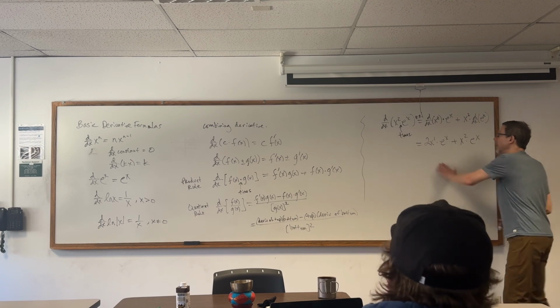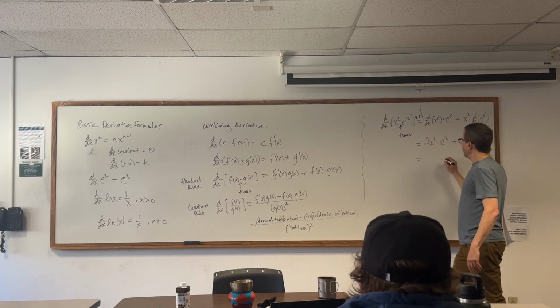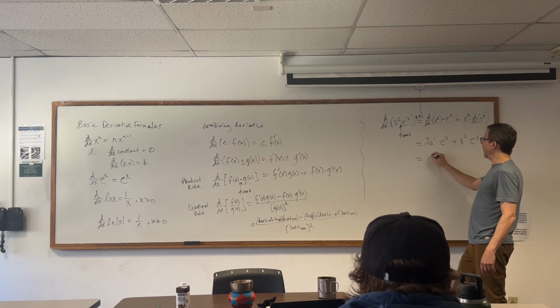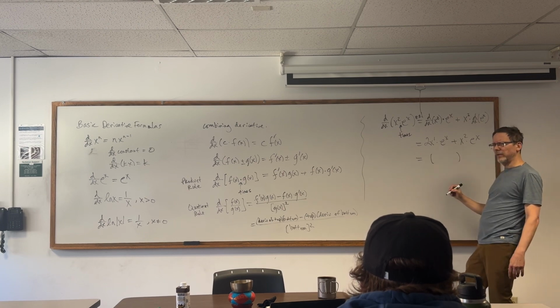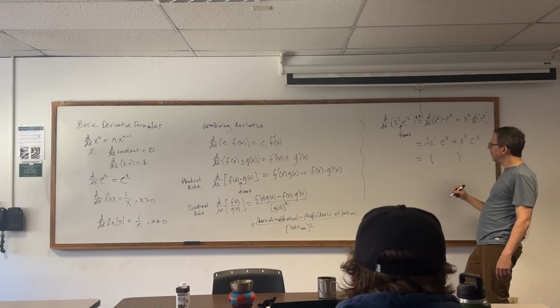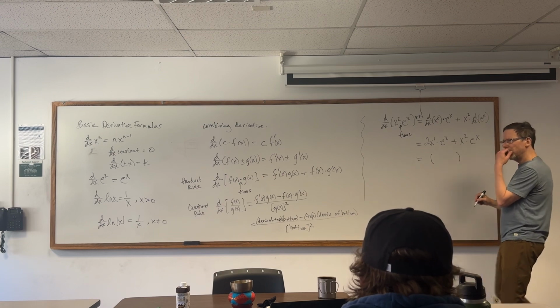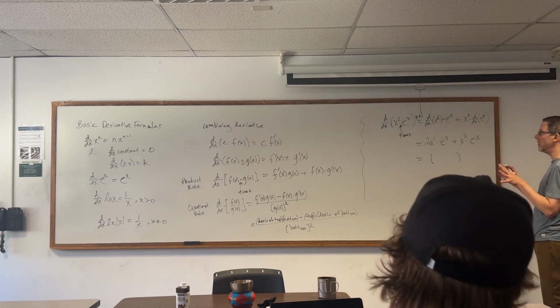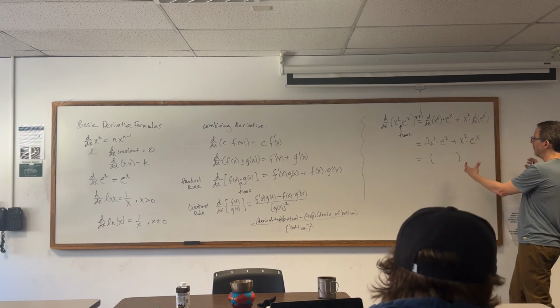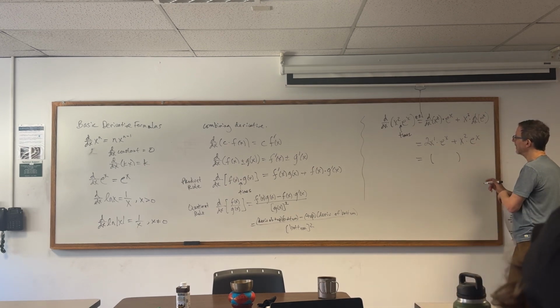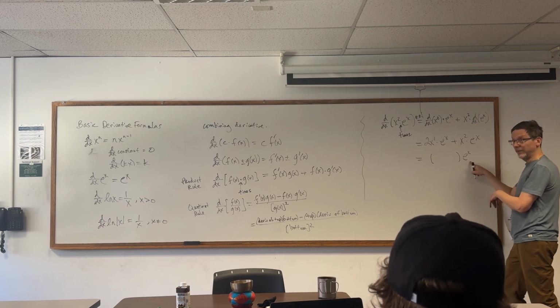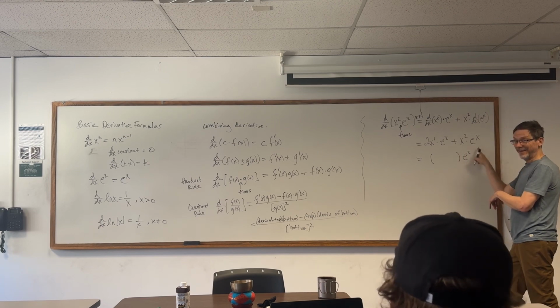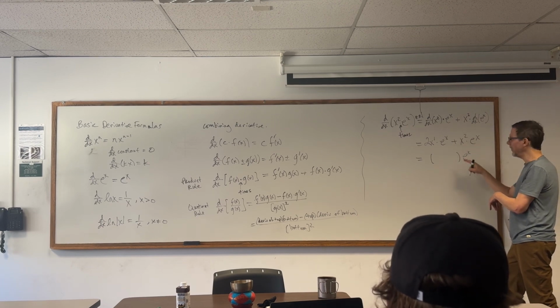If you wanted to get fancy, what could you do with this algebraically with some parentheses? Think factor out. What could I factor out? This is in common to both terms. Yeah. What else could I pull out?